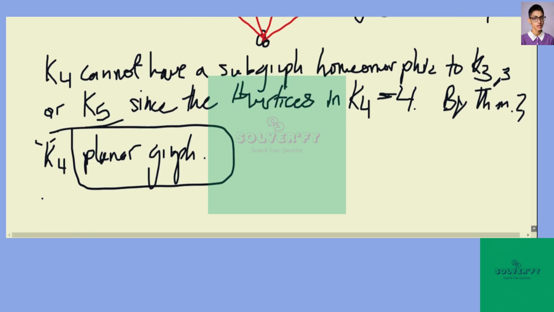Now in part B, we're given the graph K6, the complete graph on 6 vertices. Now, if we remove one of the vertices from K6, then the resulting graph is K5.